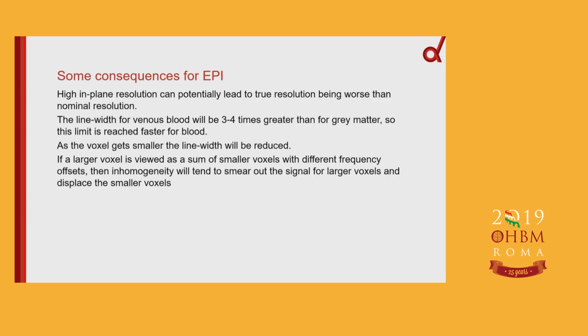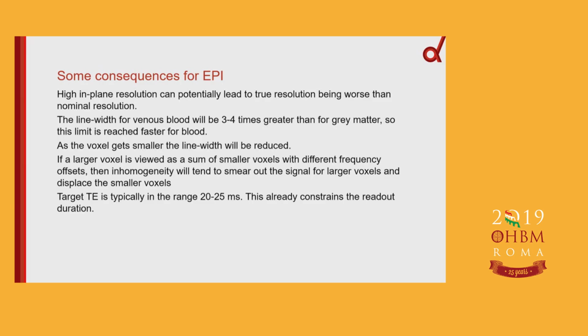Whereas when you're imaging at the higher spatial resolution, you have a better line width within the voxel, but of course the frequency offset leads to those voxels being displaced, right? It's the same conundrum, it just manifests itself differently. So actually it's very important to get your distortion correction good and to get your alignment right. And you'll hear a lot of that later in this session.